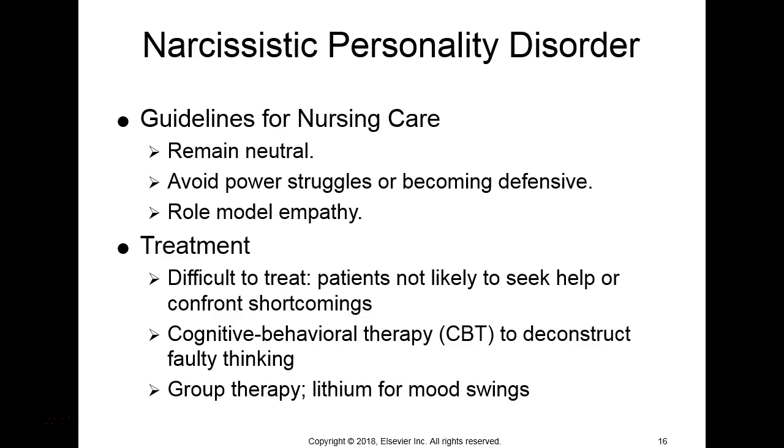So, guidelines again. We need to really remain neutral, avoid power struggles or becoming defensive, and again, role model empathy for other patients or other people. Like say if they're on an inpatient unit and they have this narcissistic personality, they may not be empathetic towards anyone else.